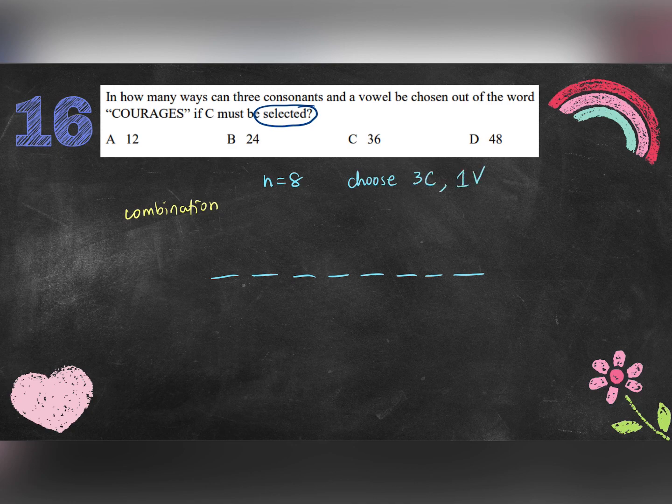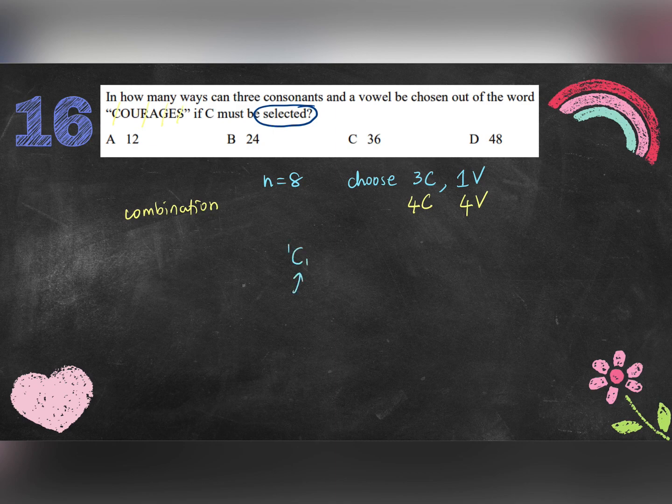So daripada perkataan courage ini, kita ada berapa vowel, kita ada berapa consonant. So 1, 2, 3, 4. So we have 4 consonants. And we have 4 vowels. And then C kan, C must be chosen. So C dah tergolong dalam consonant. Okay, that means we have 1C1.